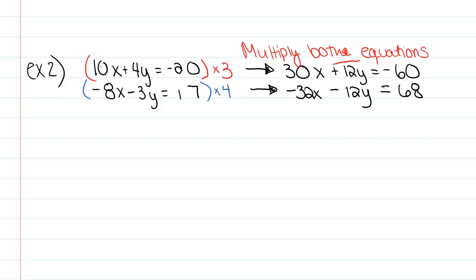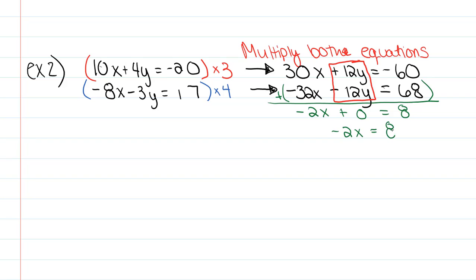That is exactly what I wanted. I have this positive 12y and negative 12y, which indicates that I can go ahead and add these equations to eliminate y. So -2x plus 0 equals 8, or -2x equals 8. Let's divide both sides by -2 and solve for x here.